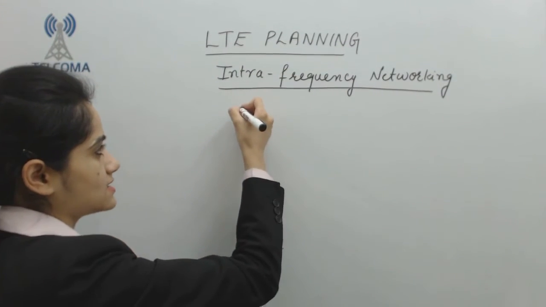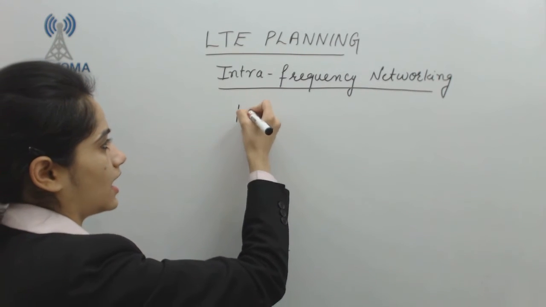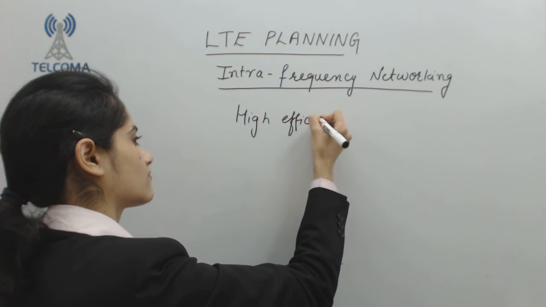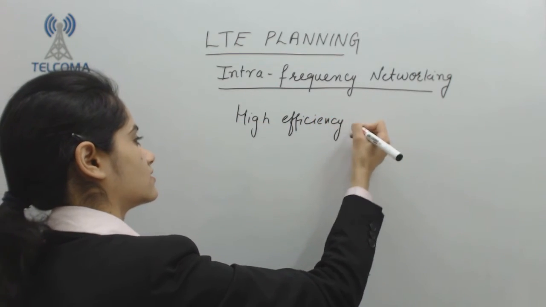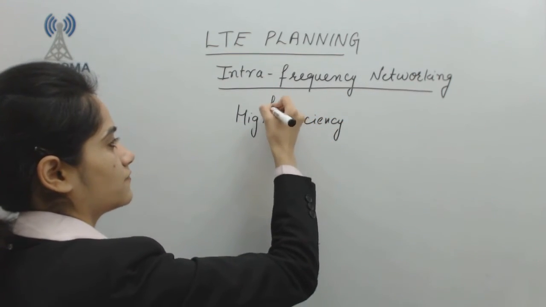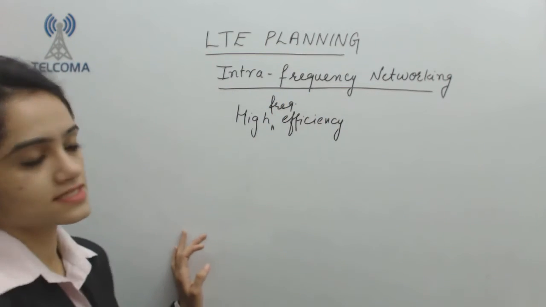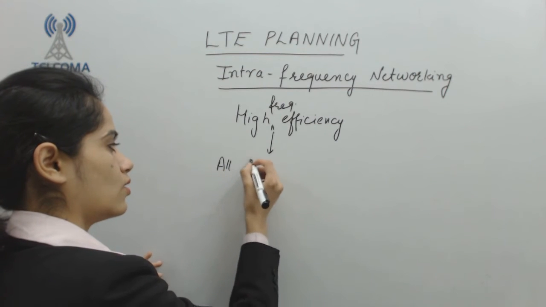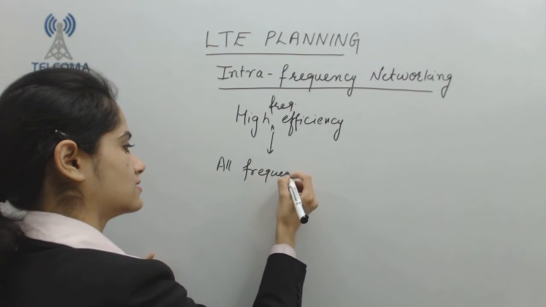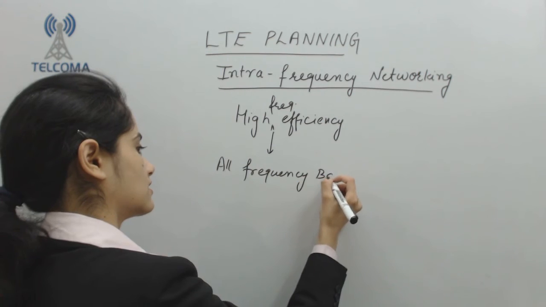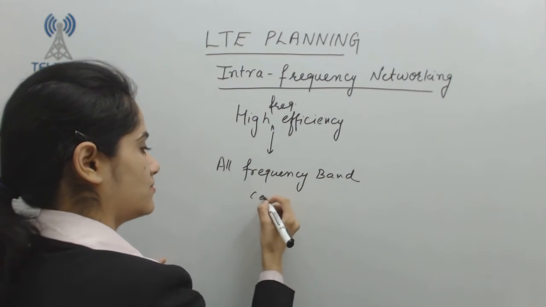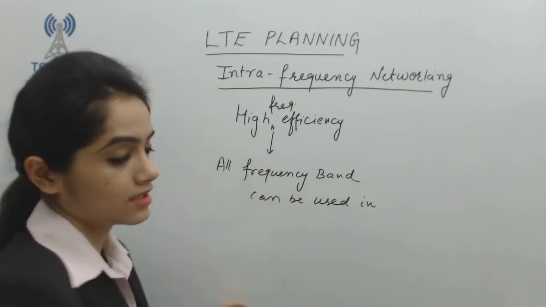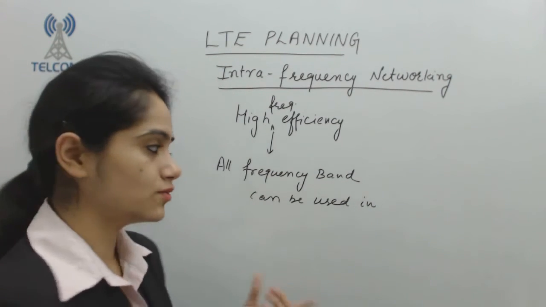So I can say that high frequency efficiency can be achieved when all frequency bands can be used in each cell.